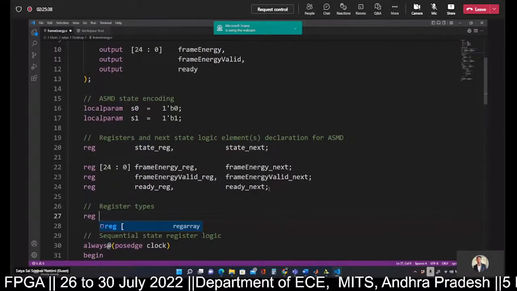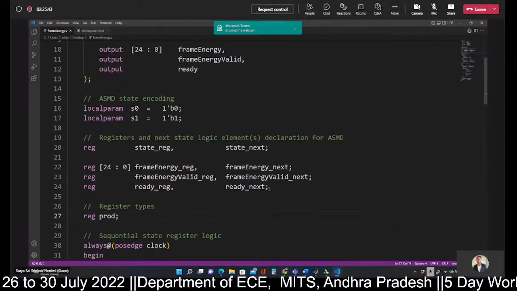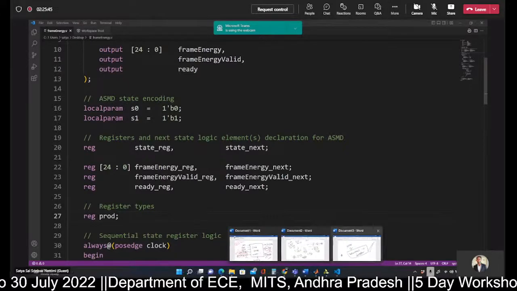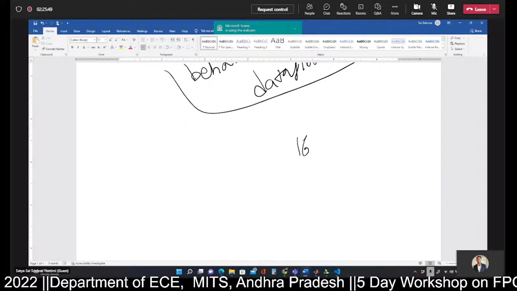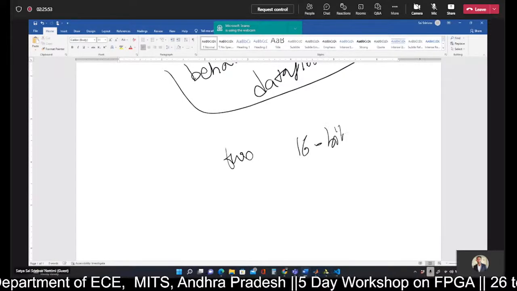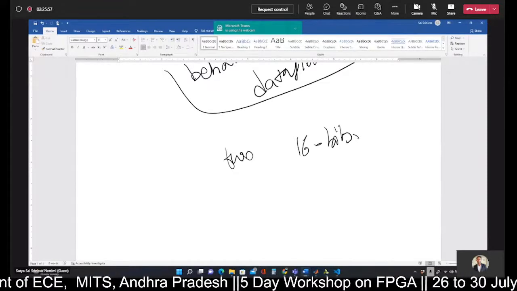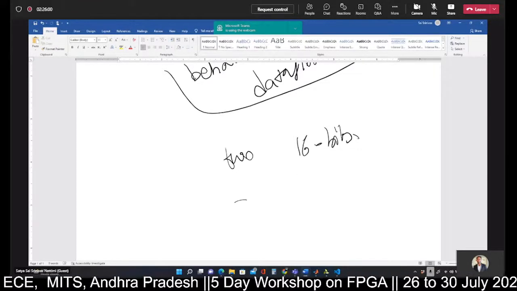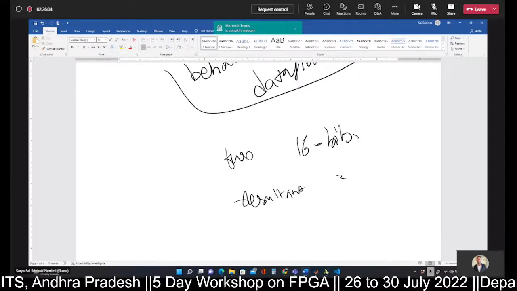So reg, we need to declare a product. Now, how many bits is this product? That is very important. We are multiplying two 16-bit numbers. When you multiply two 16-bit numbers, the resultant product will be a 32-bit number.